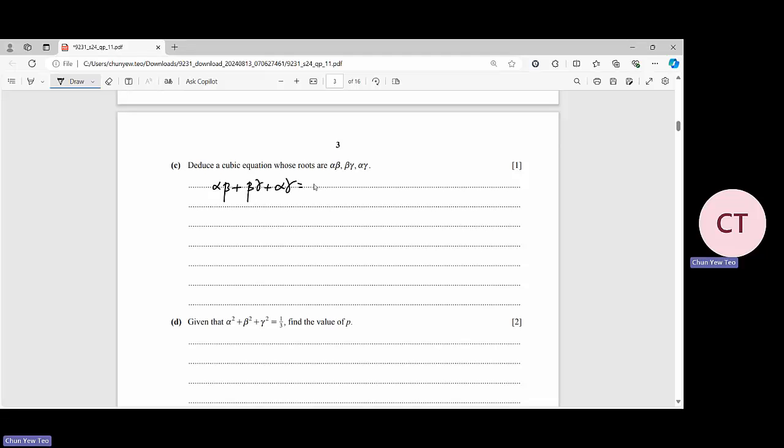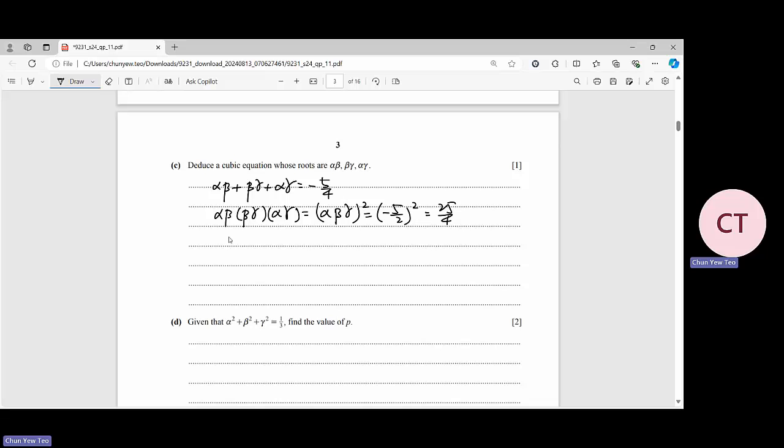We already know that this answer is negative 5 over 4. And if you multiply all of them together, you will get alpha beta gamma squared. Alpha beta gamma squared is actually negative 5 over 2 squared. It will be 25 over 4.